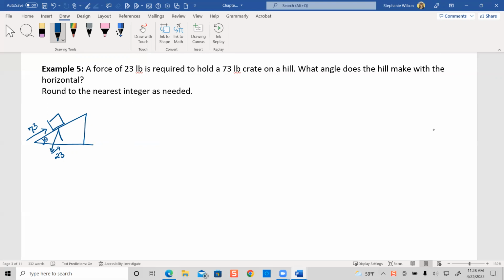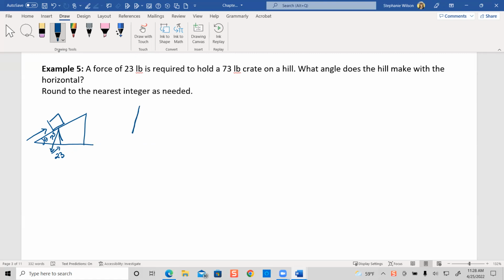We represented the weight of the crate as a vector in the downward direction. I didn't give myself enough room to write 73 here, so I needed to write it there. I just didn't want it to get in the way of that 23. So I'm going to redraw that.